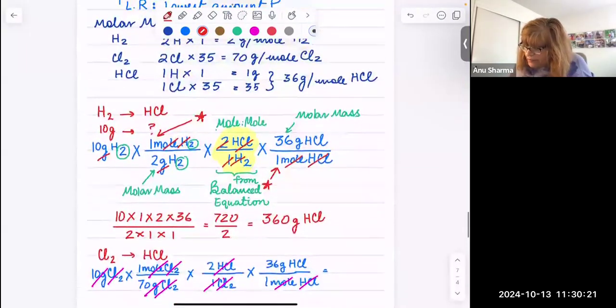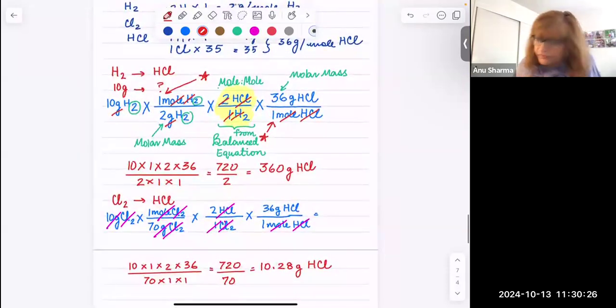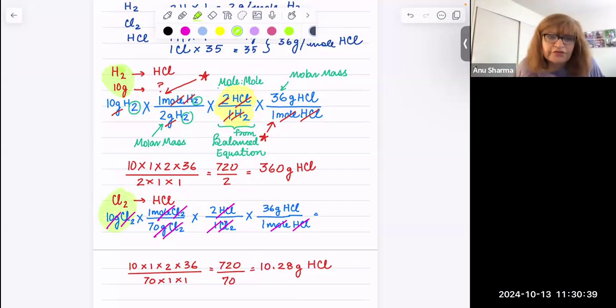So now you see, when you are using the same amount, 10 grams of hydrogen and 10 grams of chlorine, we are able to get 360 grams of HCl from hydrogen, but from chlorine we can only get 10.28.